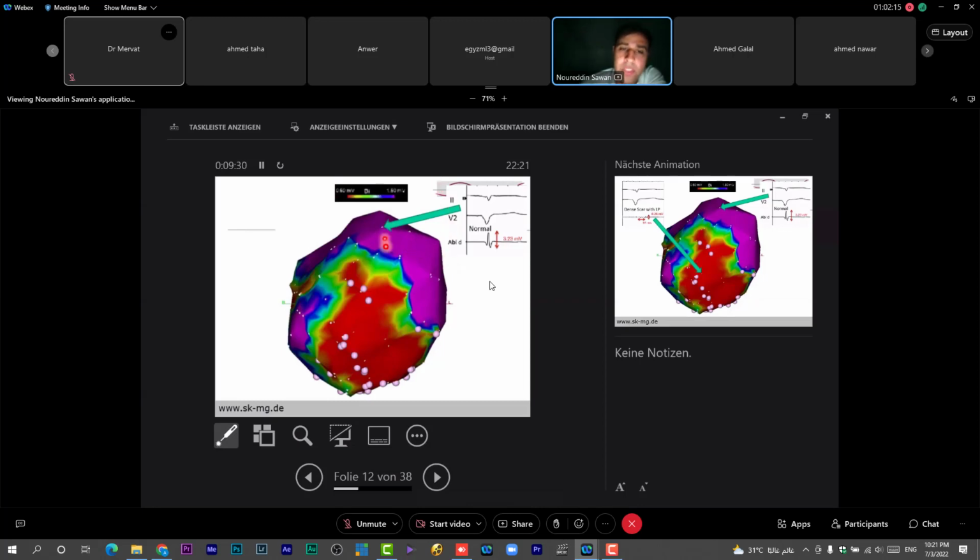Look here at the points. This is a point-by-point map with Carto. Abl means the ablation catheter, and C, please, the EGMs of the ablation catheter. It was measured as 3.2, so it's above 1.5. It means we have a normal voltage here.